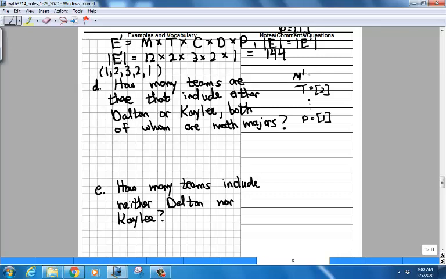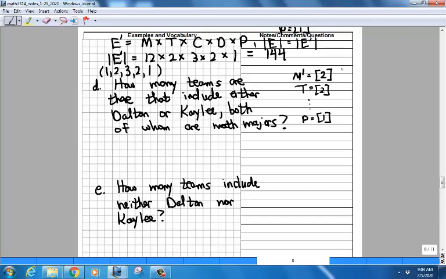2, right? Because we want sets that include either Kaylee or Dalton. They cannot both be included because they're both math majors. So it was always going to be the case that it would be at most one of those on a team. But of course, some of our original teams don't have to include either one of them.